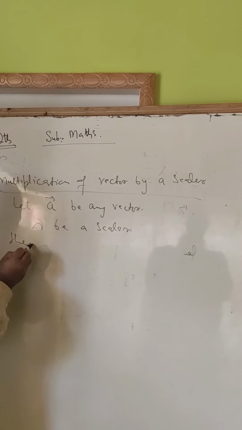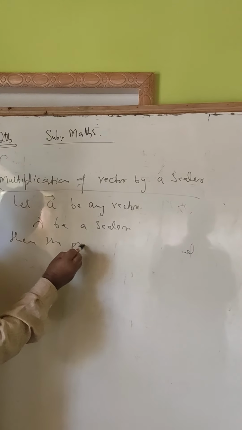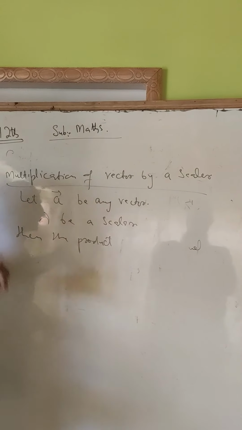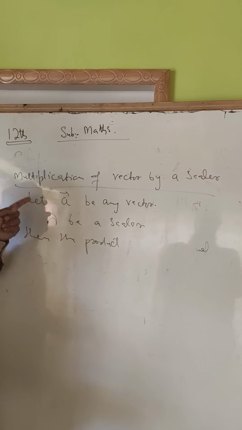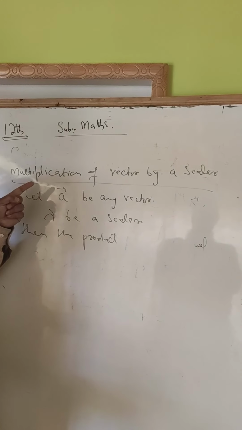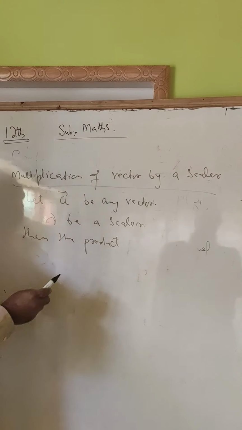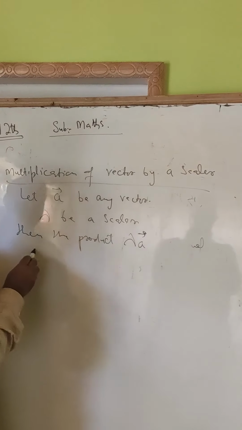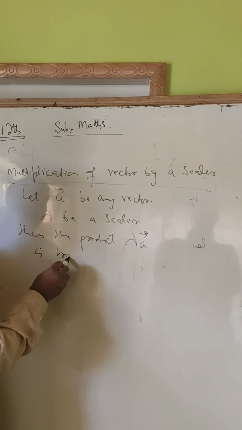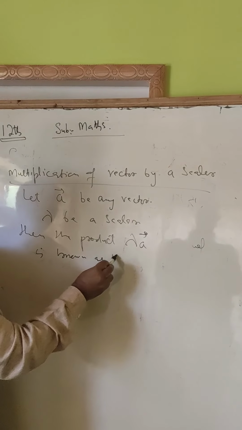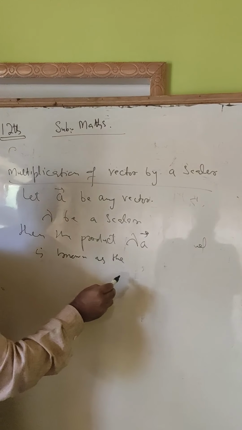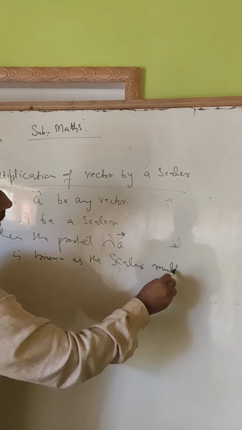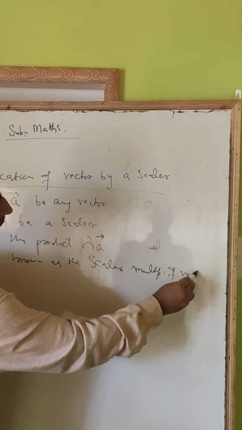Then the product, अगर हम lambda से a को multiply करेंगे, then lambda a is called the scalar multiplication of a vector.